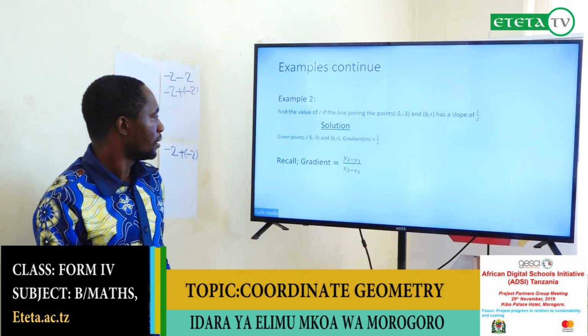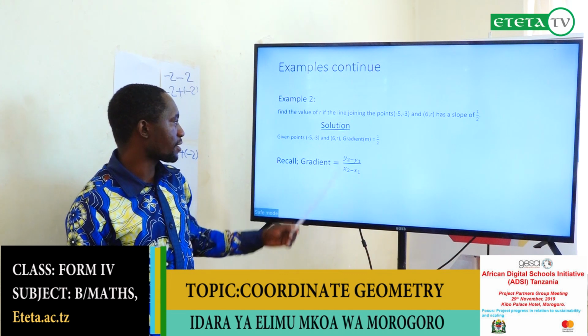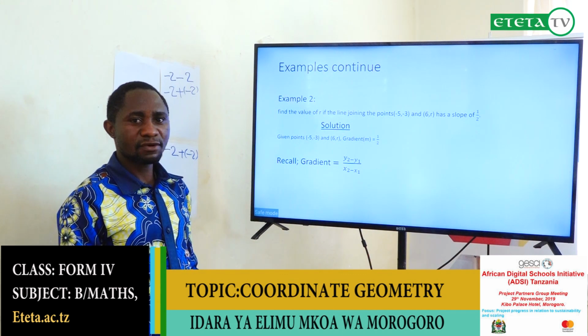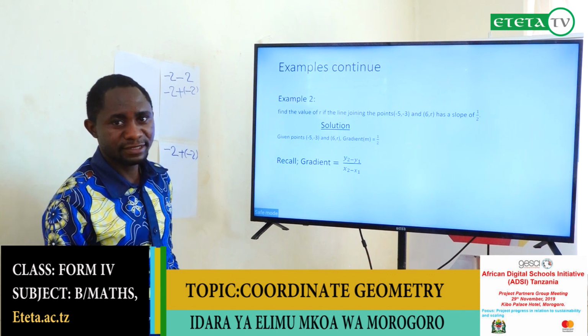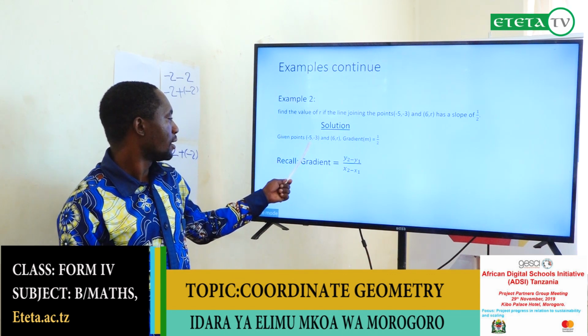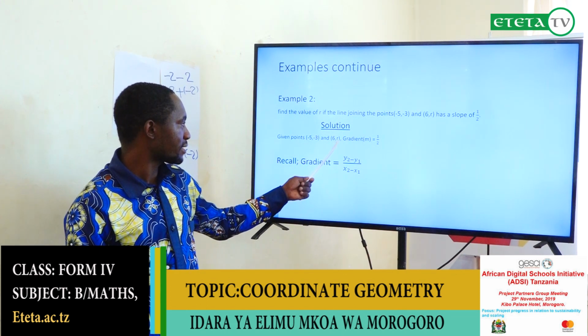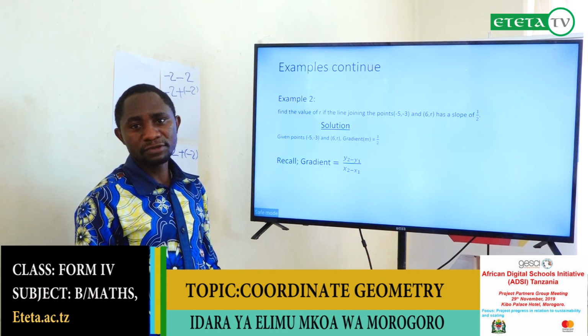Now, because we have 2 points here, -5, -3 and 6, R, we can let the first point here be labeled as point 1 and the second point here, 6, R, as point 2.